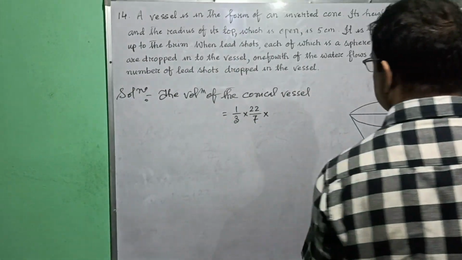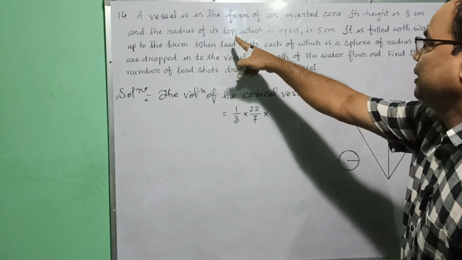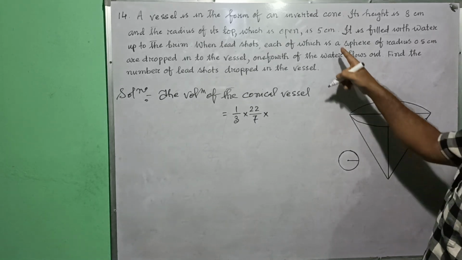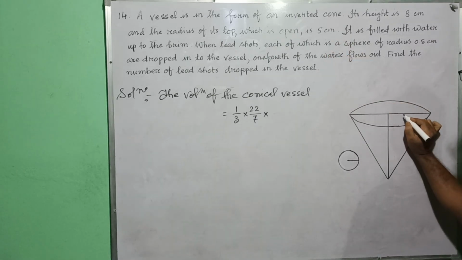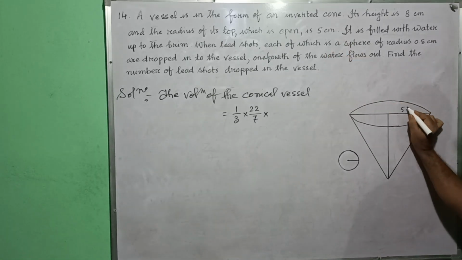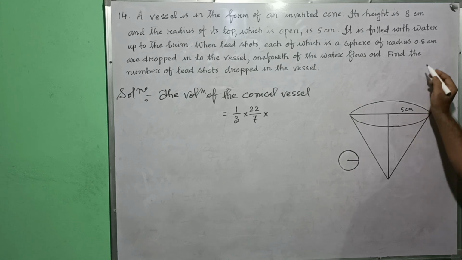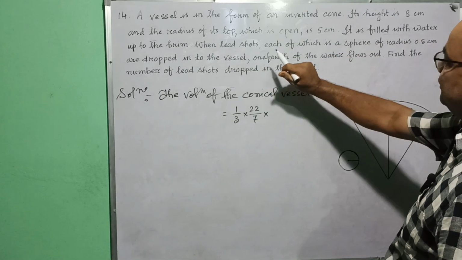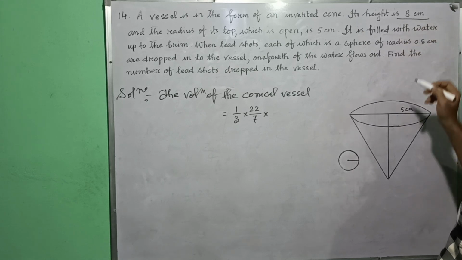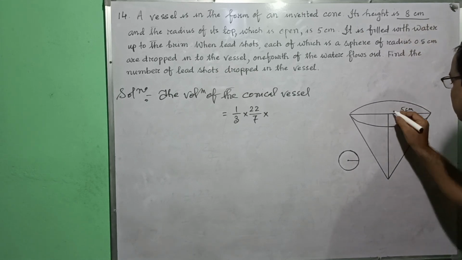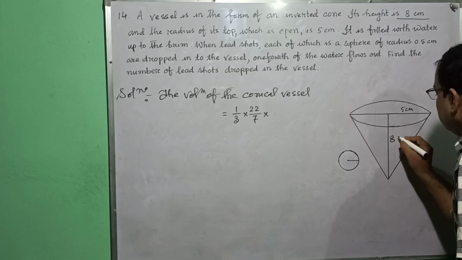What is the radius given? The radius of its top is 5 cm. So here the radius is 5 cm, and the height is given as 8 cm.